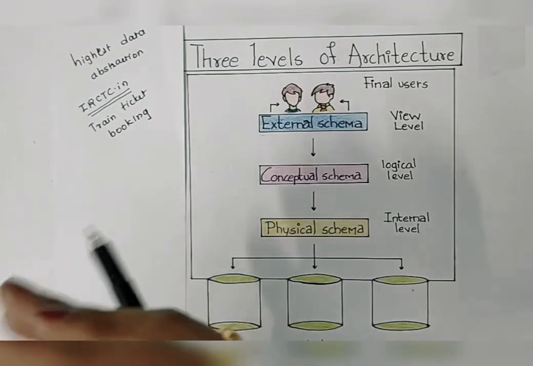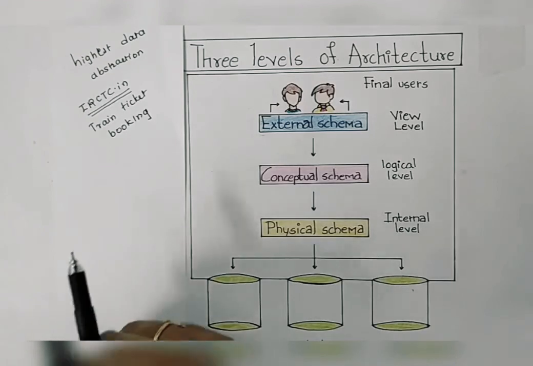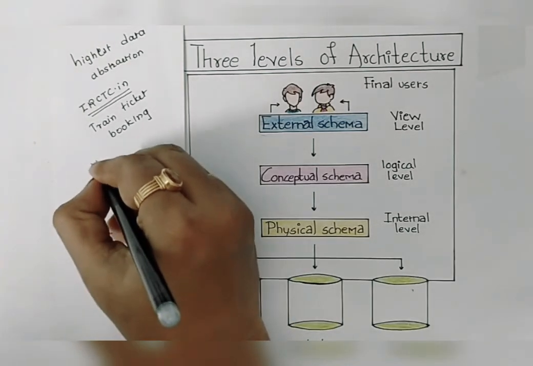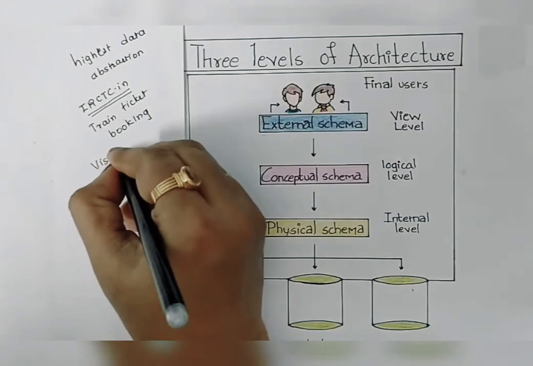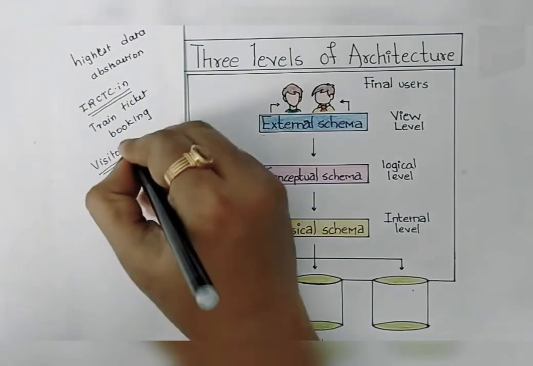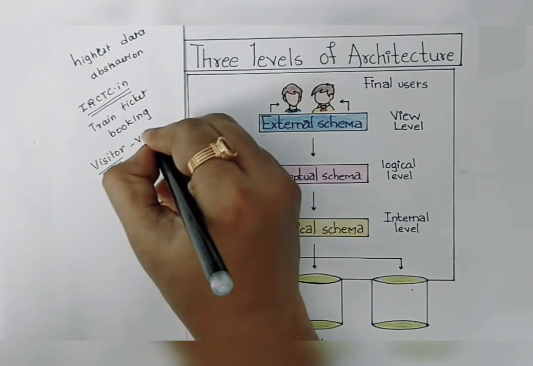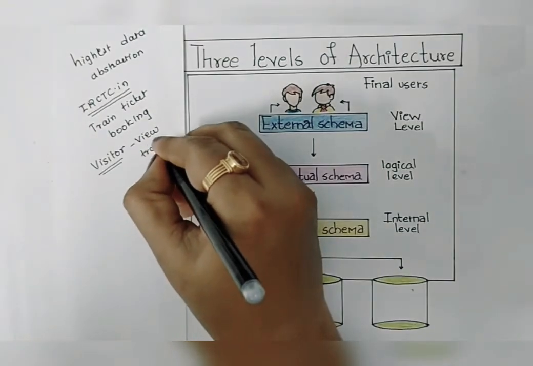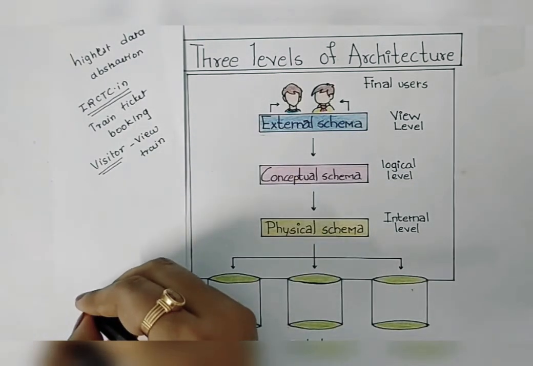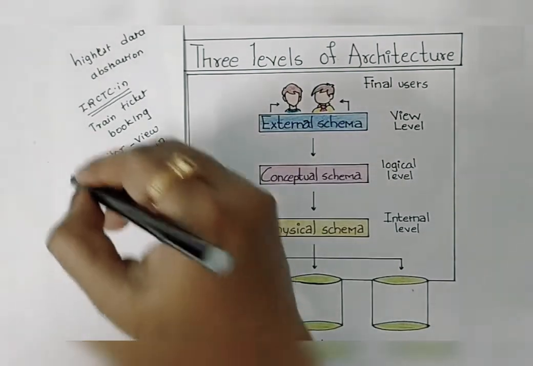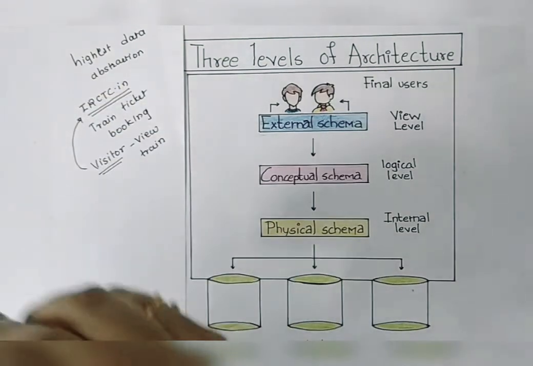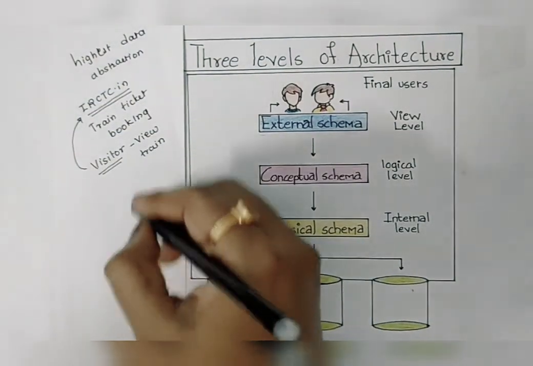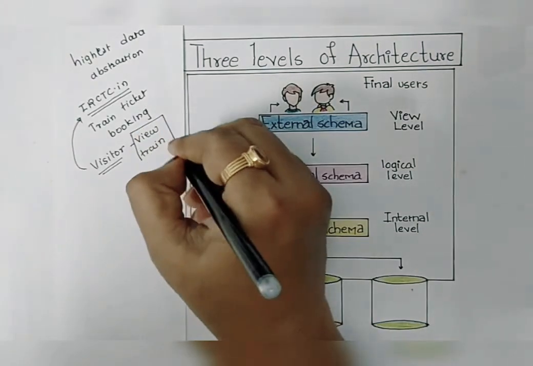There can also be multiple types of user. We'll consider only 2 types over here. The visitor, who only wants to view the train details. The visitor is the person who is not registered in this website. So the person who is not registered can only view the train details in IRCTC.